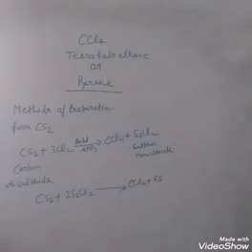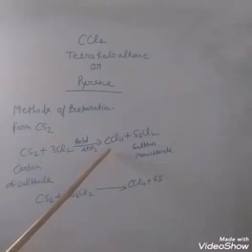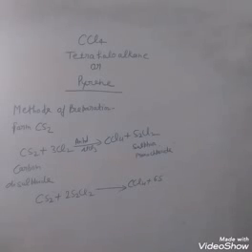First, carbon disulfide reacts with chlorine in the presence of anhydrous aluminium chloride and gives carbon tetrachloride, releasing sulfur monochloride, which again reacts with carbon disulfide to give carbon tetrachloride.